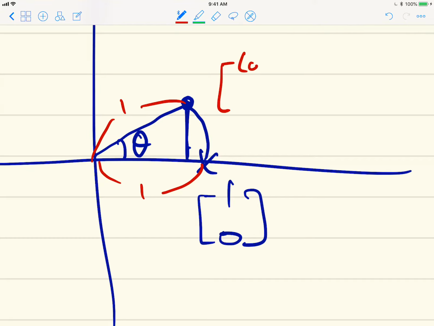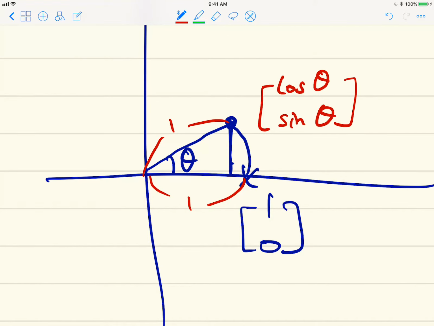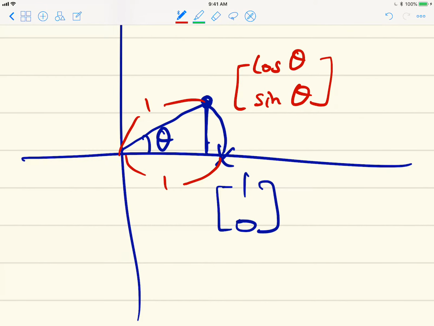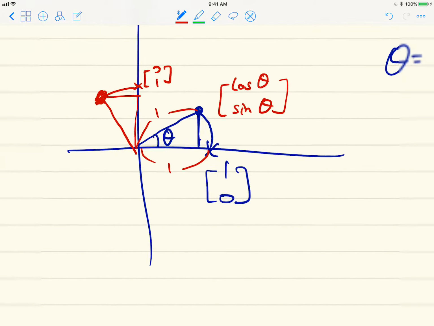The x coordinate will be cosine theta, and the y coordinate is sine theta, right? Now let's consider another input, 0, 1. If it is rotated in this direction, we can also form this triangle, and the coordinates of this point will be negative sine theta and cosine theta.